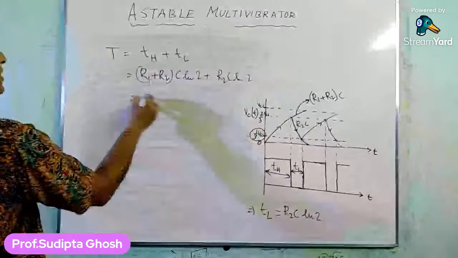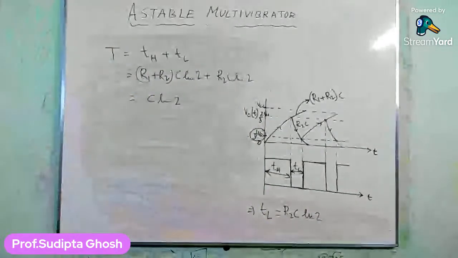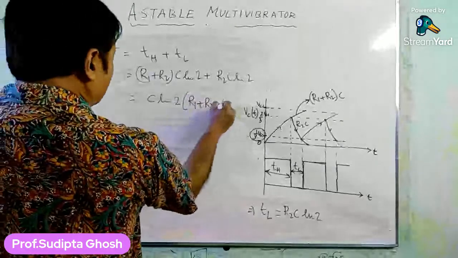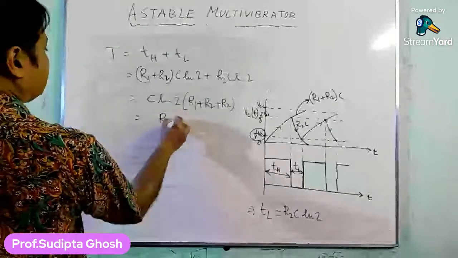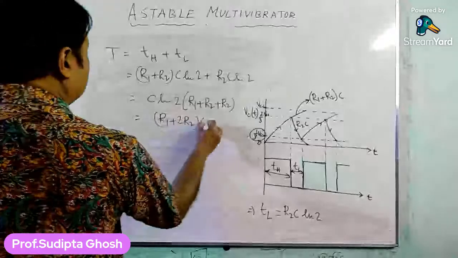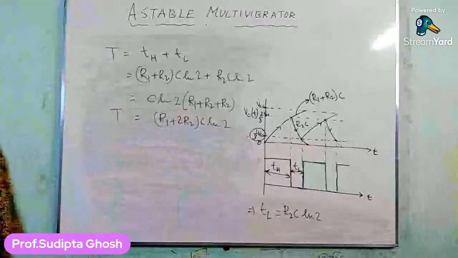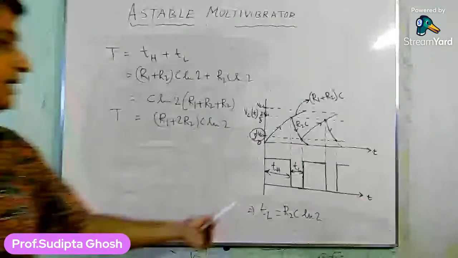Taking C ln 2 common, we have R1 plus R2 plus R2, that is, R1 plus 2R2 into C ln 2. This is the total time period, the high time plus the low time.